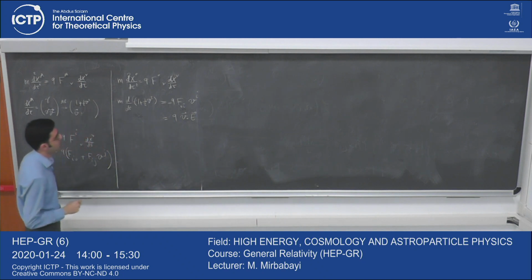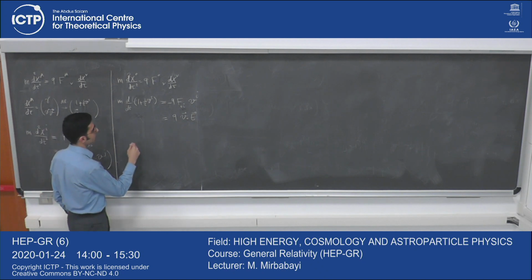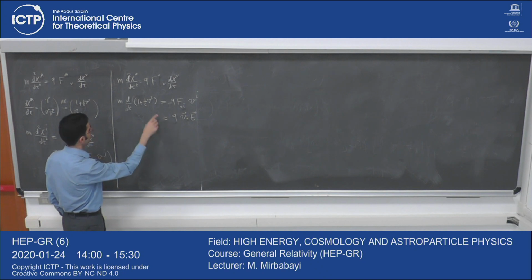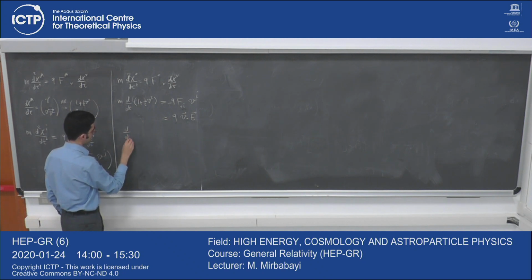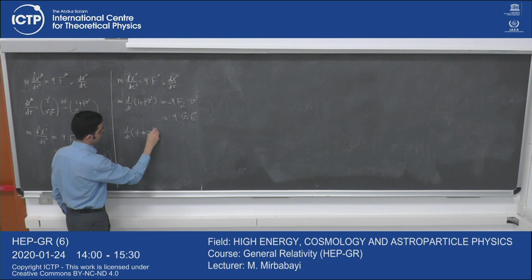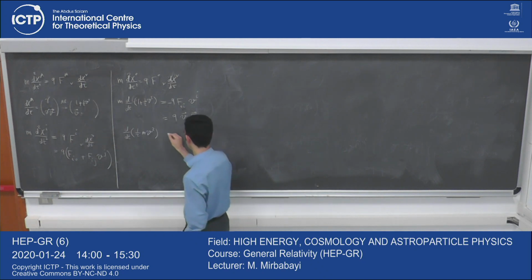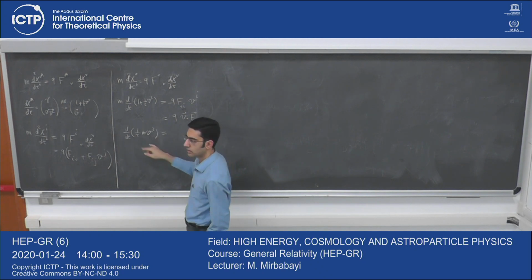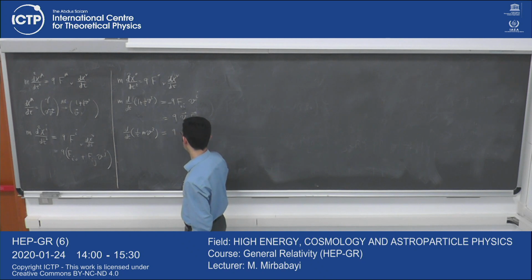What else can I do? Well, this one is irrelevant. But the left-hand side of this equation is just giving you d by dt of the kinetic energy of the particle. So it just tells you that the change in the kinetic energy is equal to the work done by the electromagnetic field.